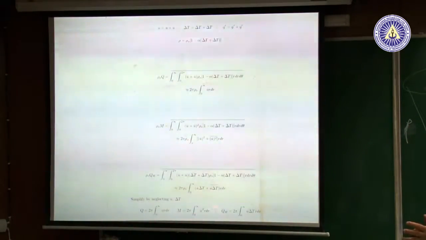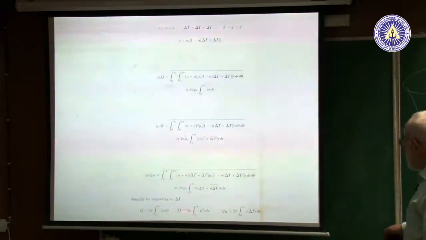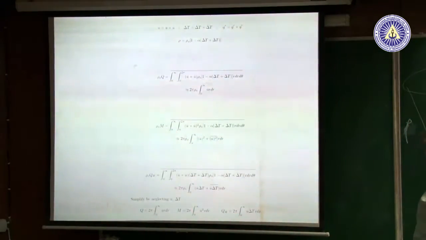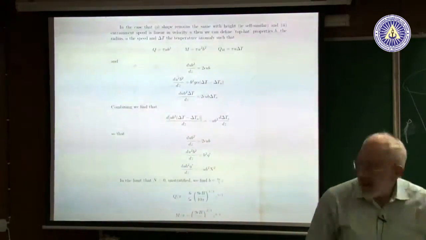The momentum flux is going to be u squared because the momentum is proportional to u and the flux makes it u, and again it's 2 pi r dr, and this is, what is this? Well, this is the thermal flux. I don't know. As I say, I borrowed this slide from someone else. That's really the only thing that I wanted to show here, and I implied that before. Okay.